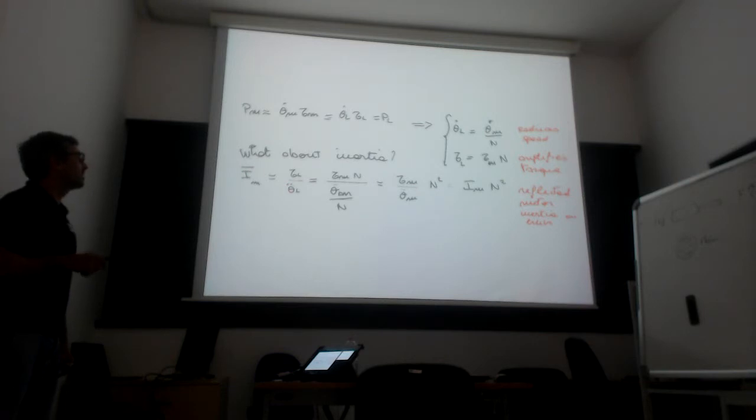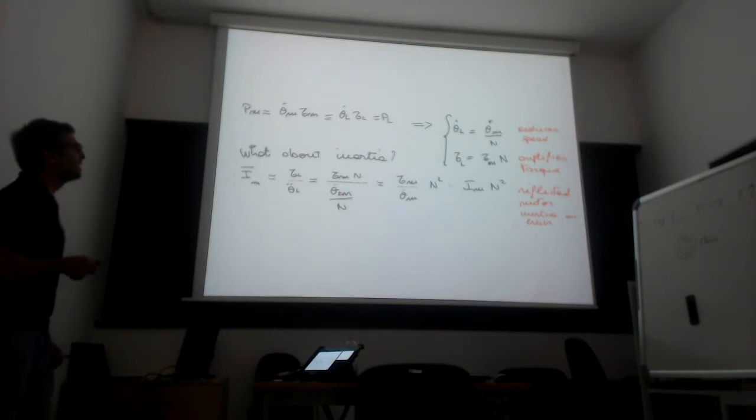We replace these quantities: the torque at the link is the torque of the motor times the gear ratio, while the acceleration of the link is the acceleration of the motor divided by the gear ratio, because acceleration and velocity have the same transformation ratio. And we obtain tau_m divided by the acceleration of the motor, which is the inertia of the motor, times n squared.